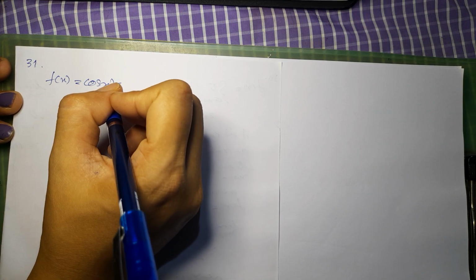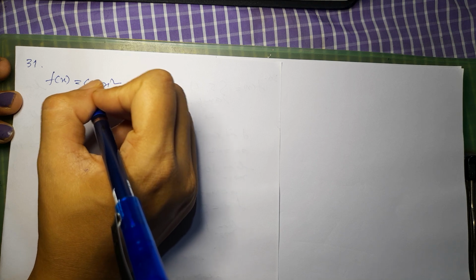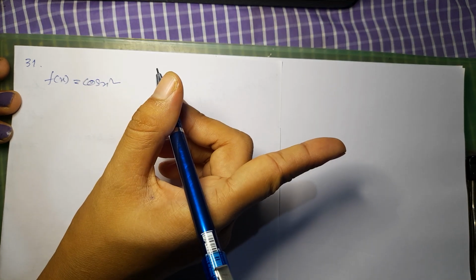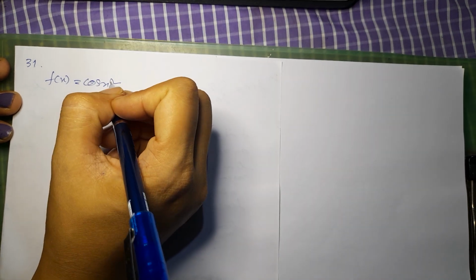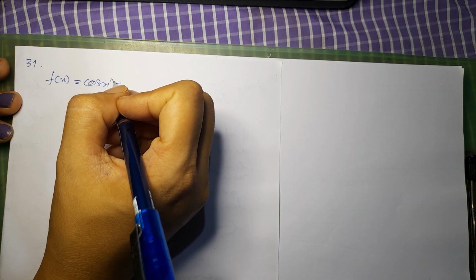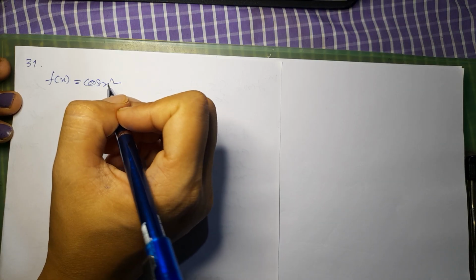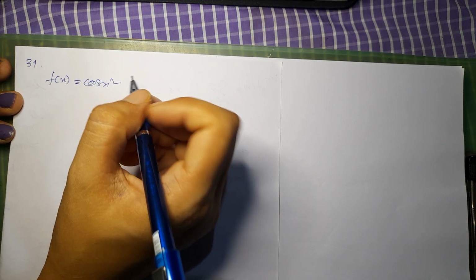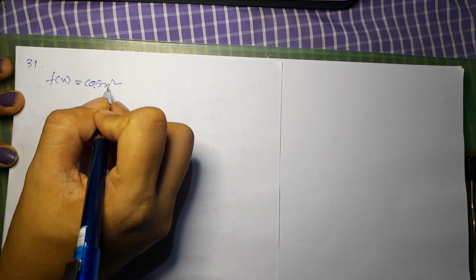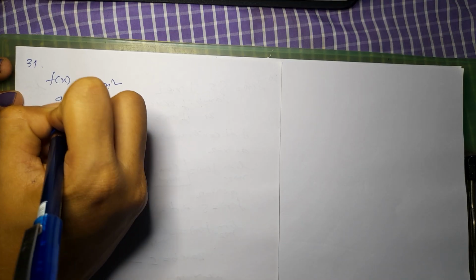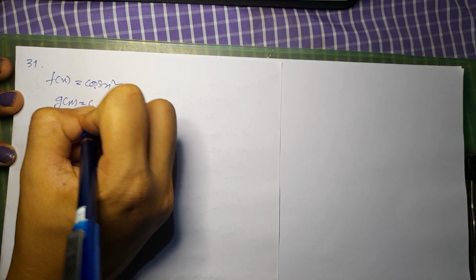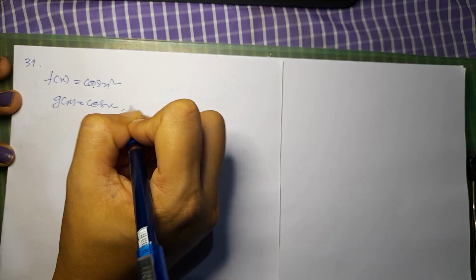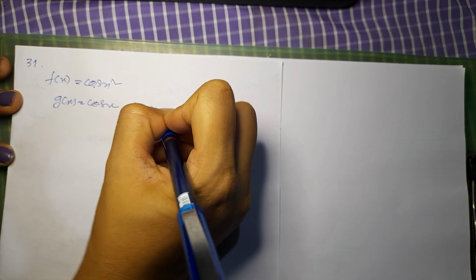So here there are two functions. One is cos, a trigonometric function, which is continuous, and the other is x square, an algebraic function, which is also continuous. Let's consider these as g of x and h of x. So g of x will give cos x and h of x will be x square.